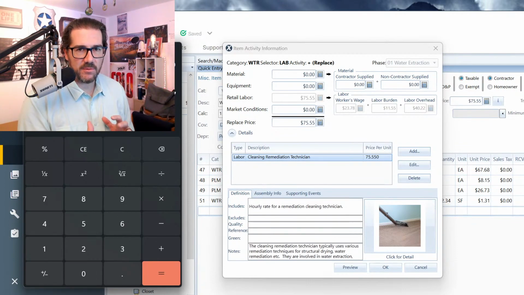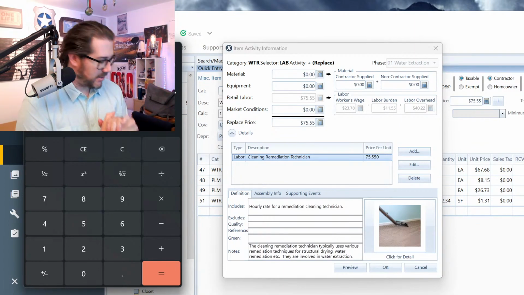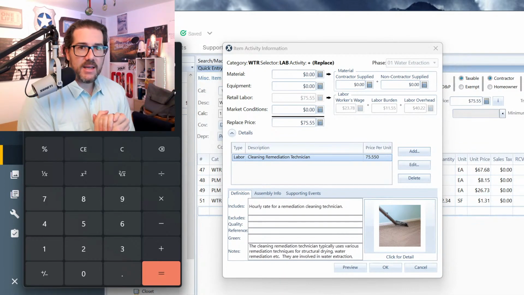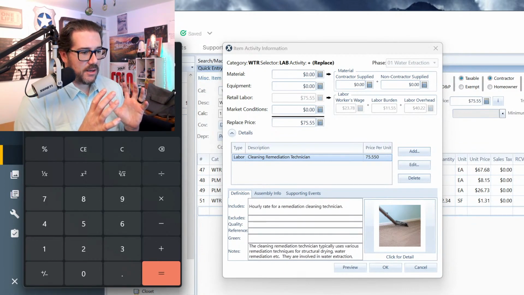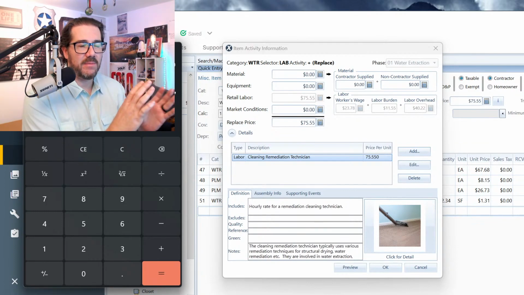I do mitigation work. I make more money than the same revenue in the repair world, right? So the reason mitigation is so much more profitable than repairs is because most mitigation line items are very skewed to the labor side. A very small amount of equipment.